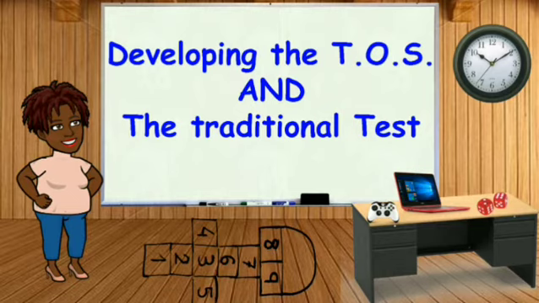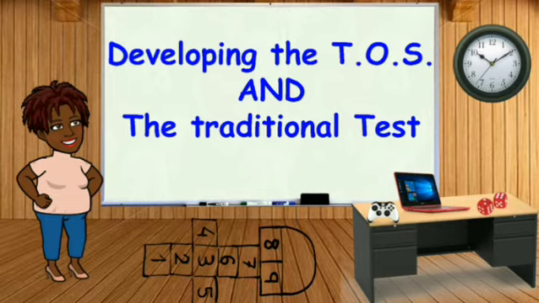So normally at end of term, end of year, or end of unit, we normally administer to our students a traditional test. This is usually a pen and paper test. But now that we are online, things have gotten a little different.